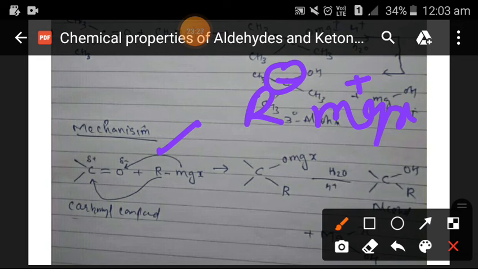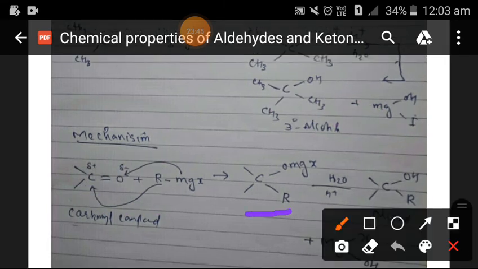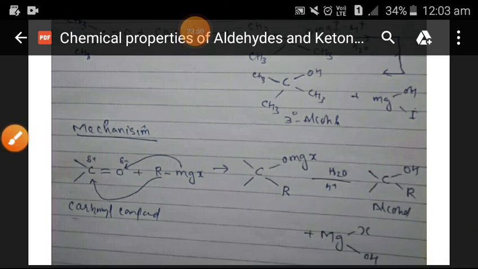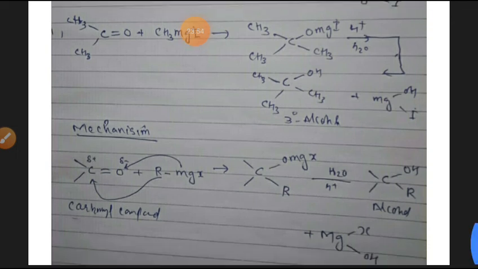Clear? As a result, this R group will approach toward this carbon. Here the R center acts as a nucleophilic center and approaches this carbon, and MgX combines with the oxygen. The reaction intermediate is formed here, and on further hydrolysis it gives alcohol plus MgXOH. Clear? So this is how the reaction takes place.